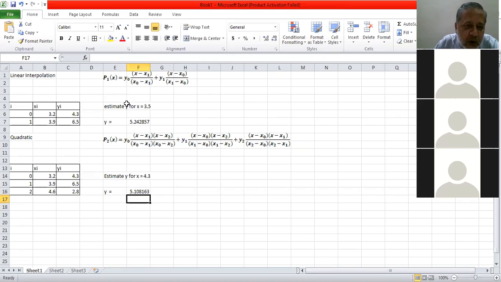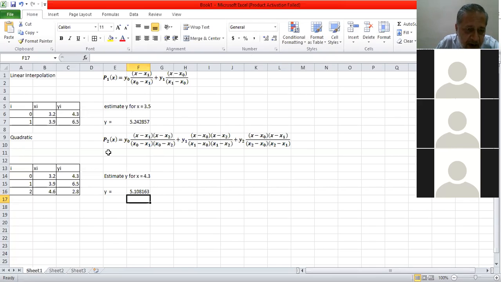So in fact, these 2 points make a line. And if I choose a value between 3.2 and 3.9 of x, I should get a value of y between these two values. And that is what the case was.